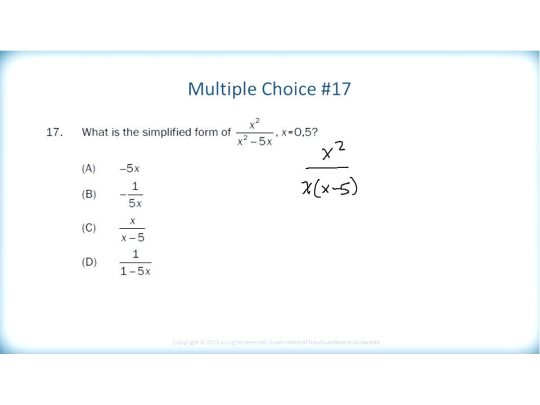We took out a common factor of x here, and that's one of the types of binomials that we need to know how to factor in this unit. And then we cancel any common factors, and there's a common factor here of x. So when I cancel x with x squared, I'm still having x up here in the numerator. That will give us x over x subtract 5.